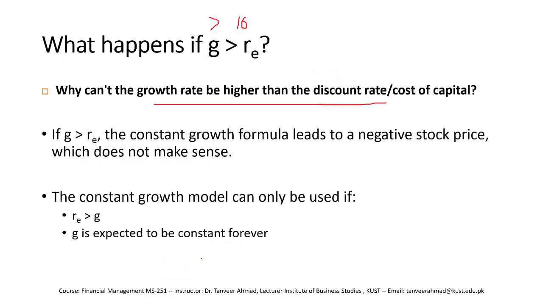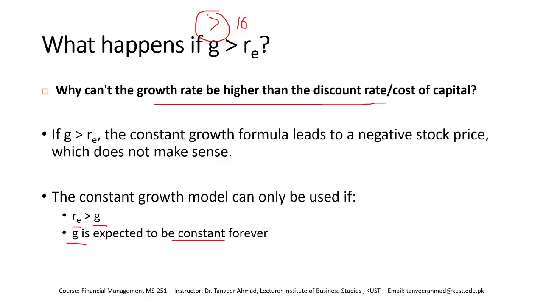So the limitation of this constant growth model is that we can only use it when the cost of capital, or R, is greater than g. We shouldn't use this model when the opposite is the case. The second limitation is that g should be constant. We know that g is 7% in our previous example, which means that each year the dividend will grow by 7%.